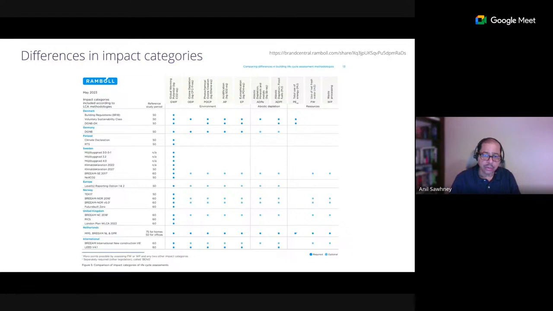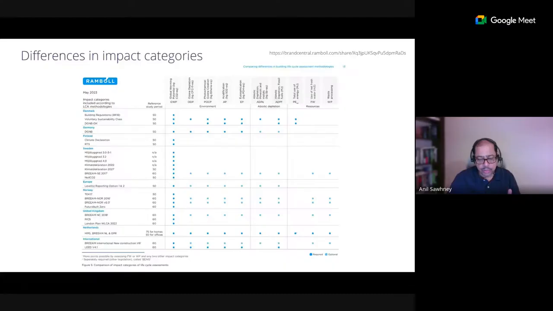The impact categories also vary. I've been saying to you from early on that most WLCAs, including the one that RICS has, currently focus primarily on GWP. We do not look at other environmental impacts. We don't look at these indicators.